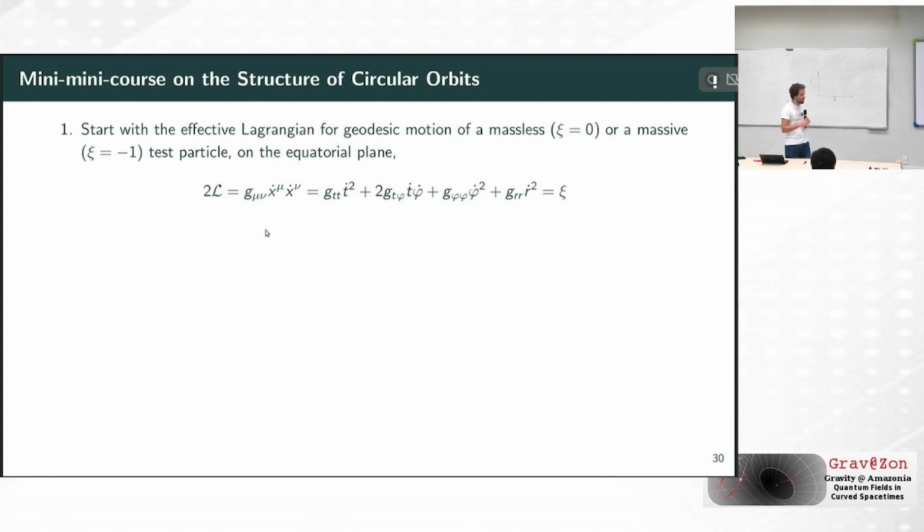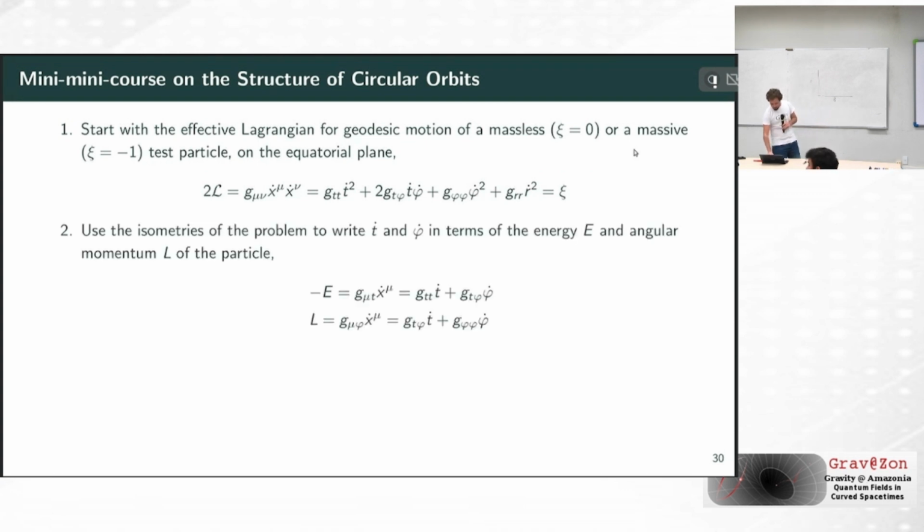Since this is on the equatorial plane, there will be no theta variables. You fix theta. So if you expand the Lagrangian, you get just the terms in the time, the azimuthal coordinate, and the radius. Then there's this Xi quantity that is either equal to 0 for massless particles, so light, and if you compute this, you get the light rings, or it can be equal to -1, where you can study the time-like case or massive particles.